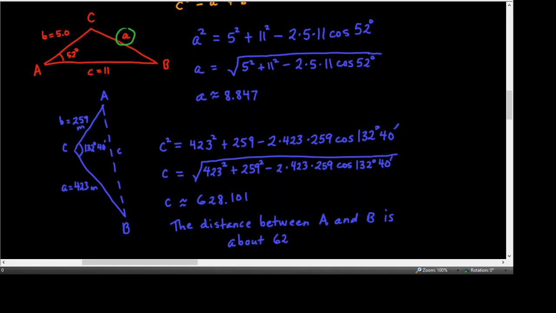I want to talk a little bit about what I just did with rounding. But before I do that, am I missing anything here? Is there anything else I should put here? Yeah, the units are in meters, and that's very important.